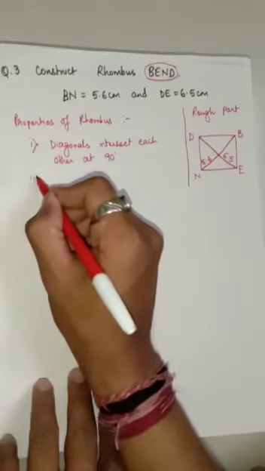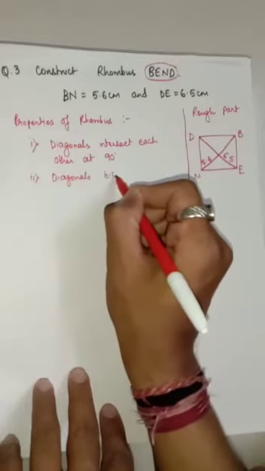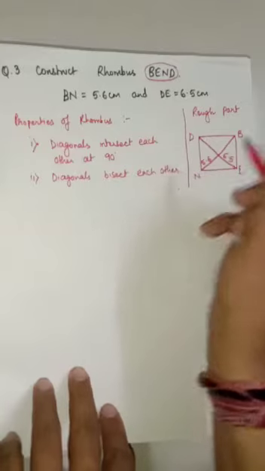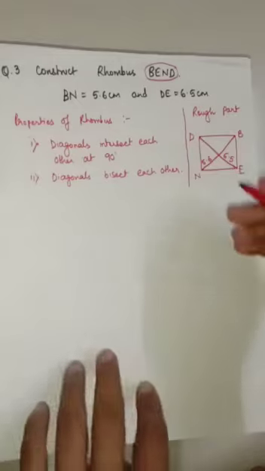Second, diagonals bisect each other. We will use these two properties while constructing a rhombus. So we can say that diagonals are perpendicular bisectors of each other. So how do we construct this?